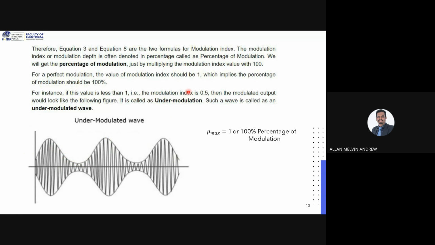Meaning the modulation index is less than 1, so it is between 0 and 1. If the value is like that, we call it an under modulated wave. So the waveform will be like this. In between we have the carrier wave. So the waveform will be nice, just similar to the carrier message.